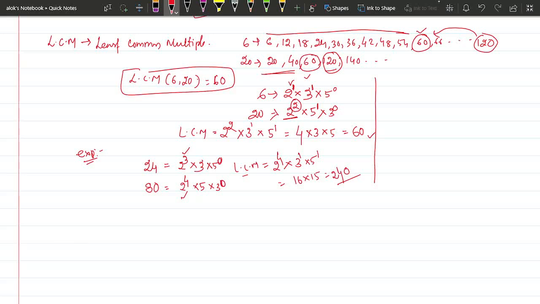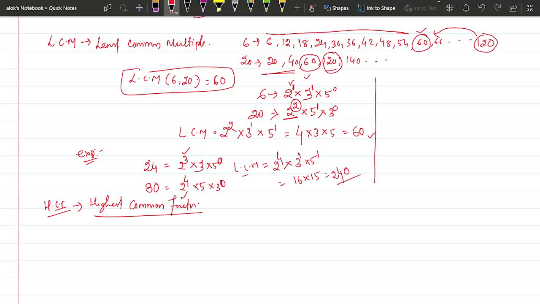Now this is all about LCM. Now we'll discuss HCF, which is the highest common factor.